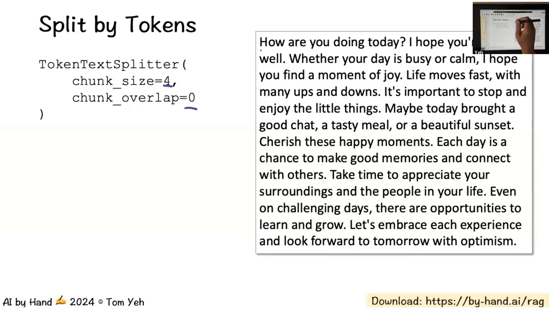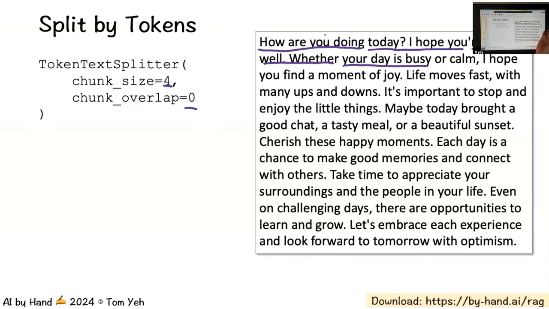If you use a chunk size of 4, we're going to have one chunk, 1, 2, 3, 4, another chunk, 1, 2, 3, 4, another chunk, 1, 2, 3, 4, and so on and so forth. In the token text splitter, each word is a token, and each split becomes a chunk that will be fed to the embedding.